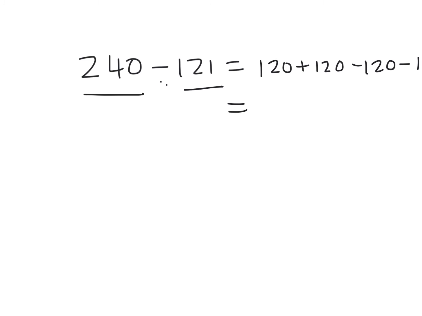So we're going to end up having this one and this one cancel each other out. So what have you got left? We've got 120 subtract 1. So 120 subtract 1 gives us 119. So there you go, a couple of mental strategies for addition and subtraction. Hope you can use them.